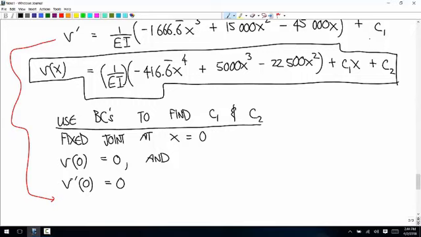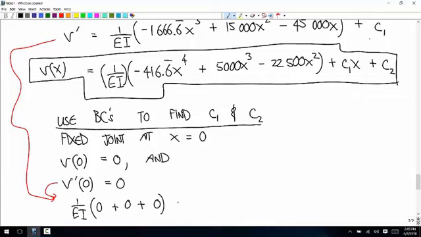That says that 1 over EI times the quantity, we have 0 plus 0 plus 0, because we're plugging in x equals 0 to all these, so any polynomial terms are 0.